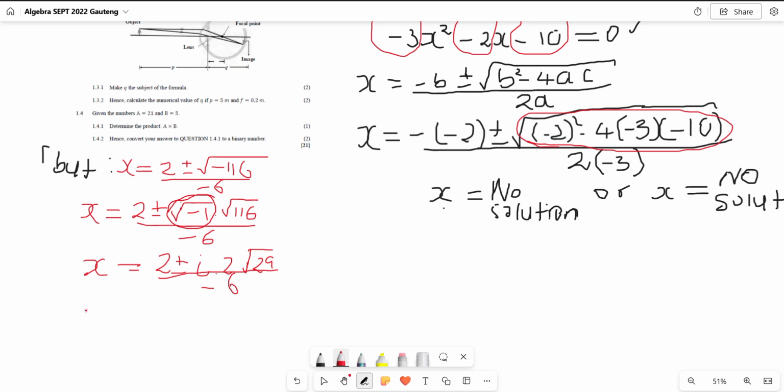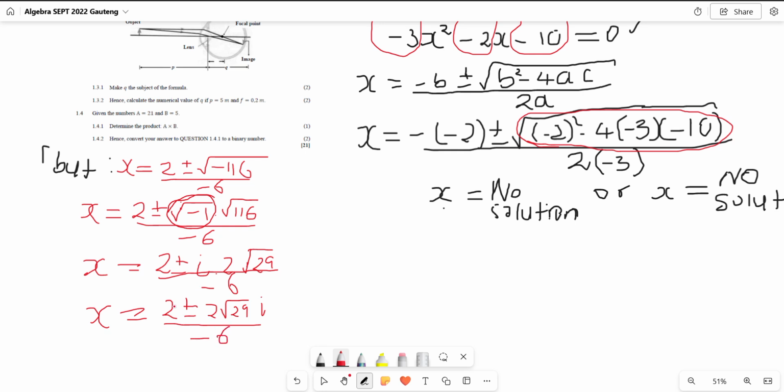Now x is equal to 2 plus and minus 2 square root of 29 multiplied by i, which results to 2 square root of 29 i, all divided by negative 6.